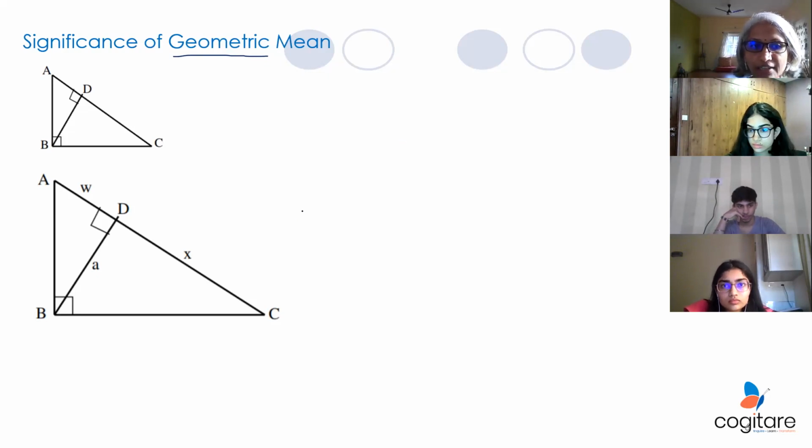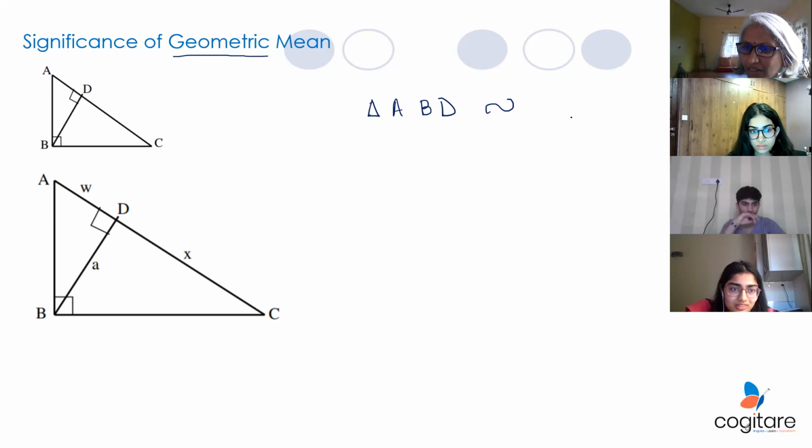How many pairs of similar triangles, Shruti? Ma'am, 3. Tell me the pairs, darling. Ma'am, ABD is similar to ABD, the same thing, but in the bigger triangle.